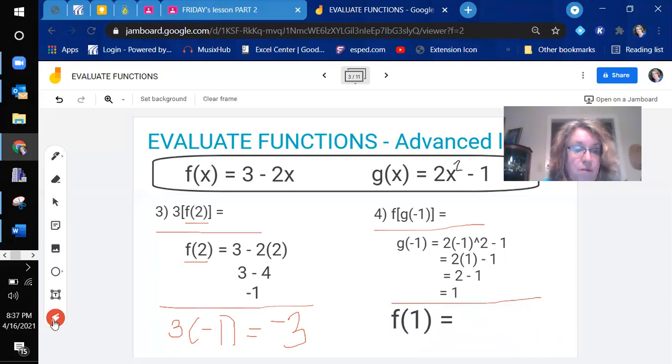Let me just kind of walk through that again. F of whatever this is. And so I have to figure out what this is first, which I figured out as a 1. So the 1 is what we're figuring out here, f of 1. So let me go back here.